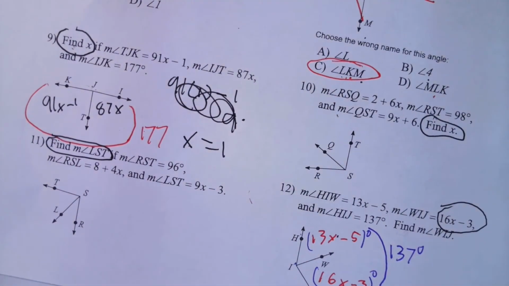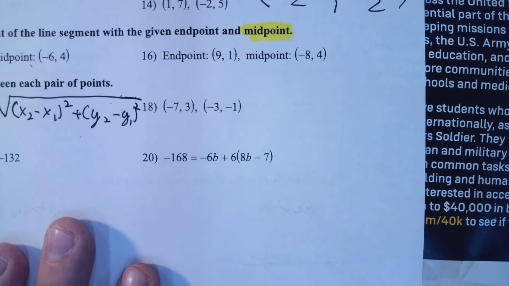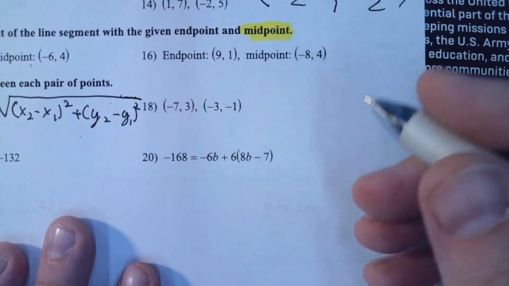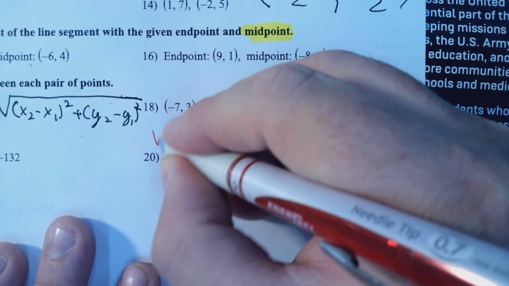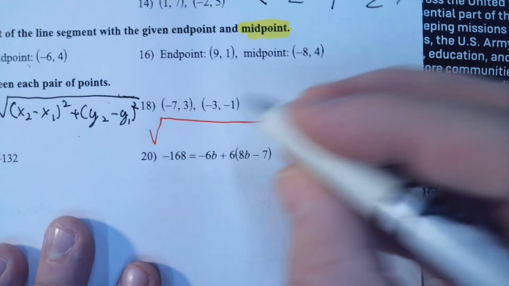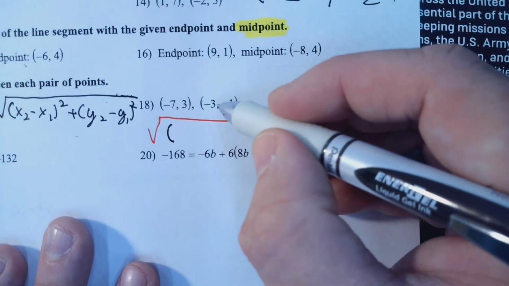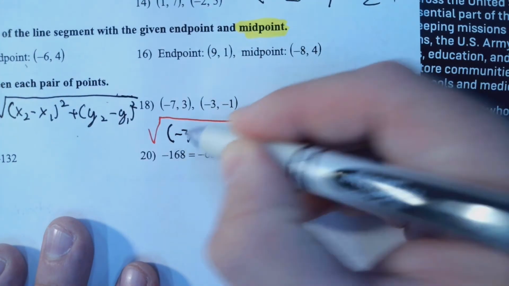Yeah, 18. Okay. I'm going to write it into the formula here. I'm going to write it kind of big. And then I'm going to type it in, and that's all it is, really. So here we go. I need to do x2. So x2 would be negative 3.